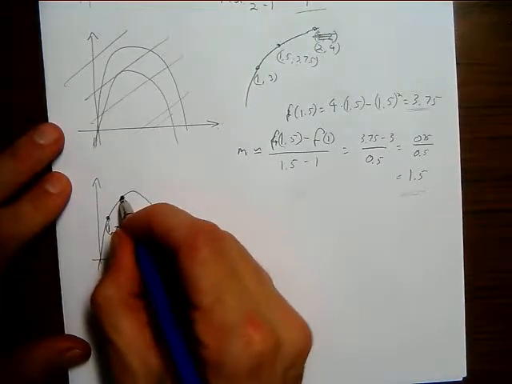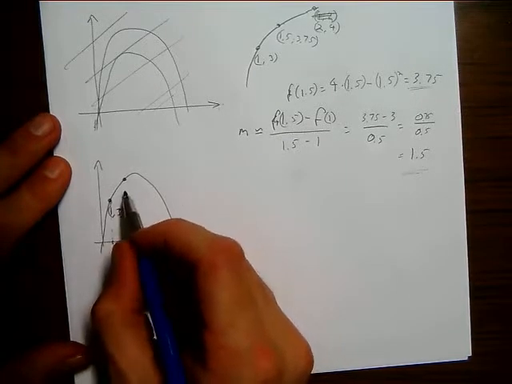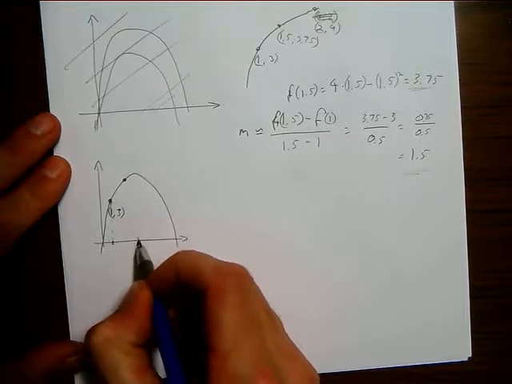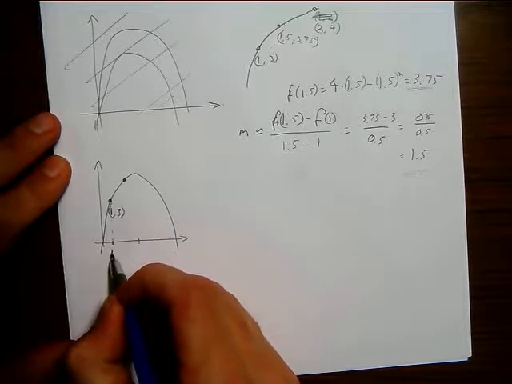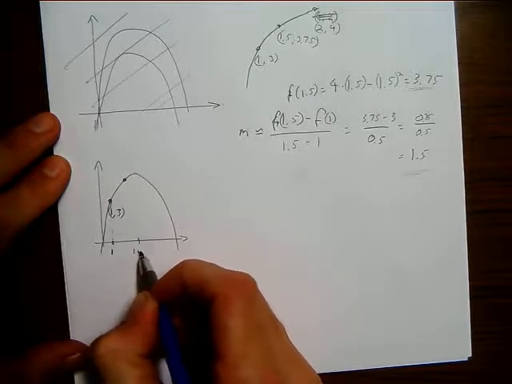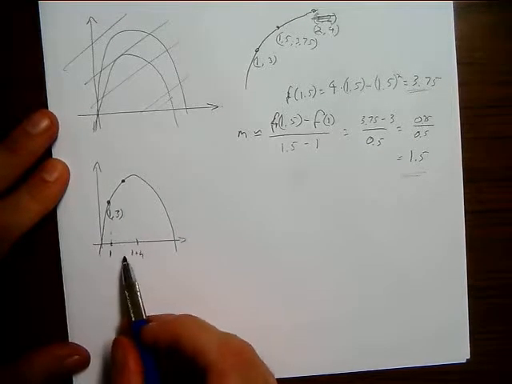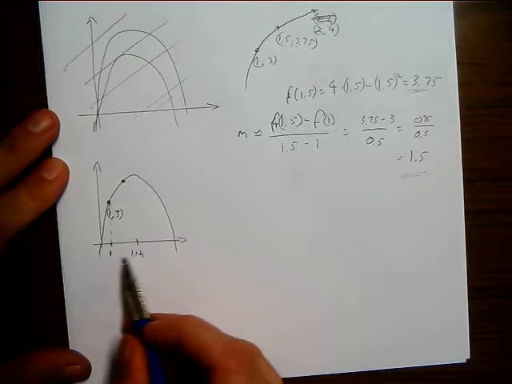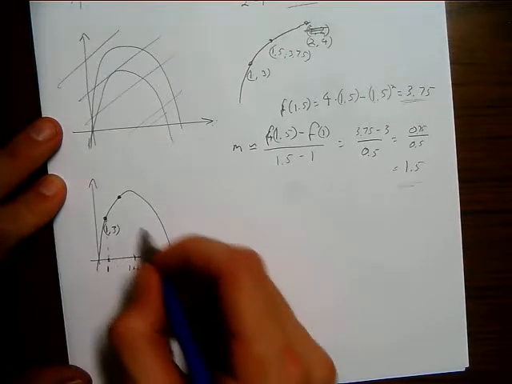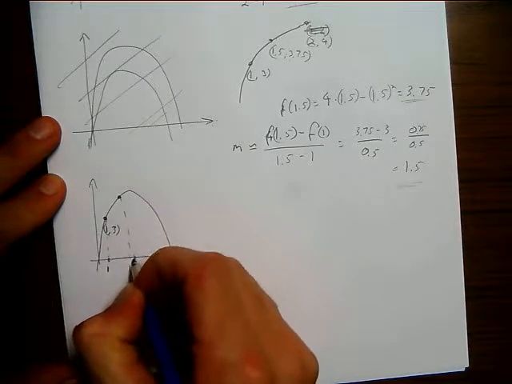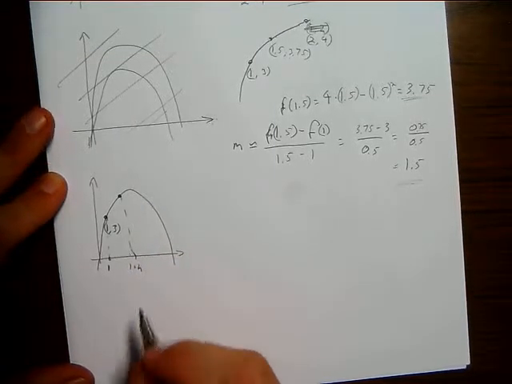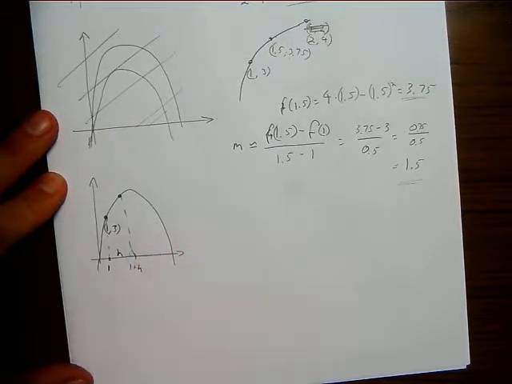Now I have x equals 1 here, and I'm going to call this 1 plus h. So I'm adding on h to 1, which means that this distance there, which is completely straight, we'll call h.